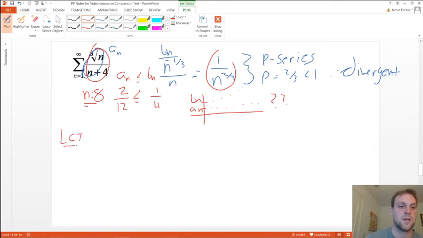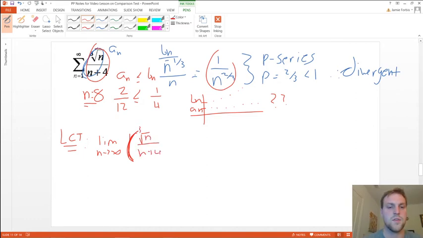Okay, so if I do limit comparison test, that's going to be the limit as n approaches infinity of a sub n, which is the cube root of n over n plus 4, divided by b sub n, which doing the same change flip is going to be n to the 2/3 over 1.